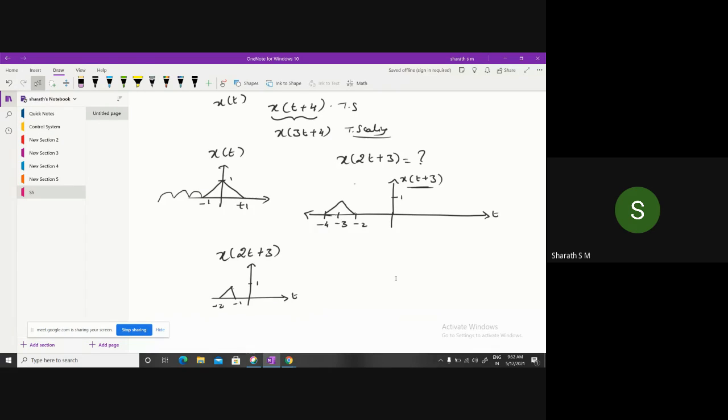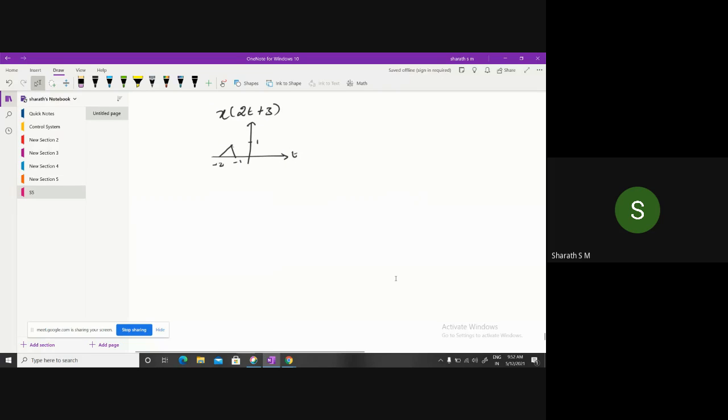Get to the next heading. Basic continuous time signals.